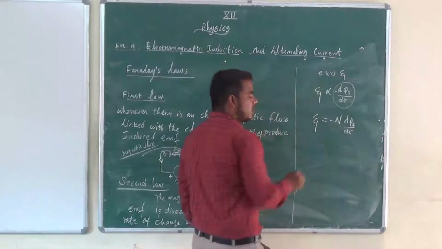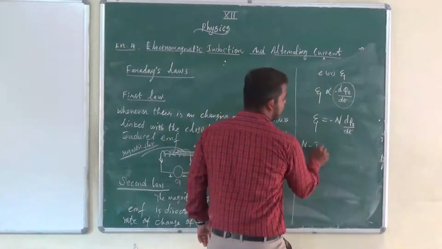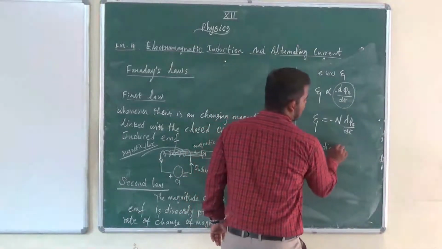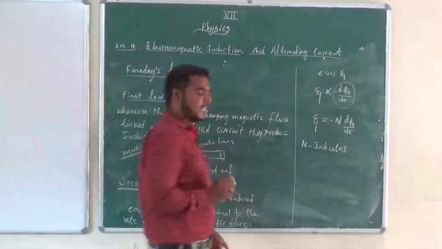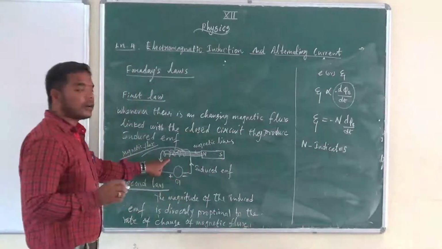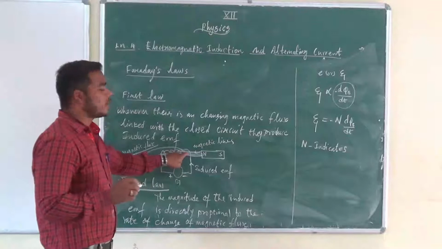Here what does N indicate? N indicates the coil has a number of turns.